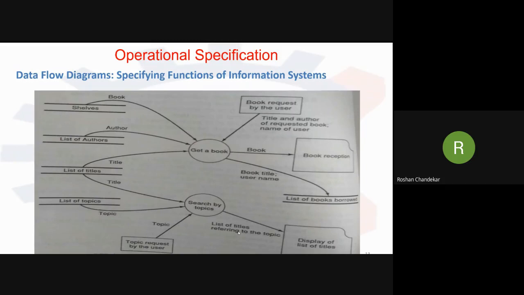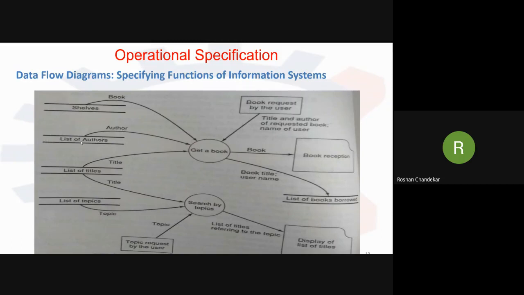Okay, now look at the DFD. Here there are the open boxes. What do the open boxes represent? The data warehouse, where we store data, the shelf, the books that we have stored. Then again we have an open box. Look at the arrow that I am going to discuss.